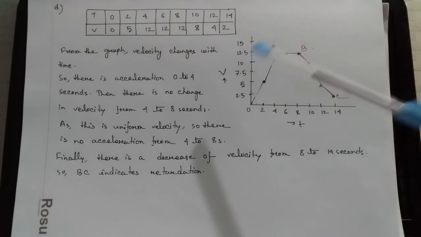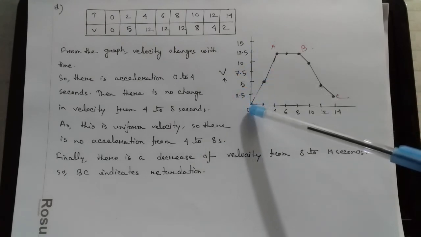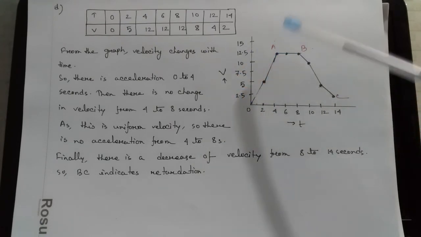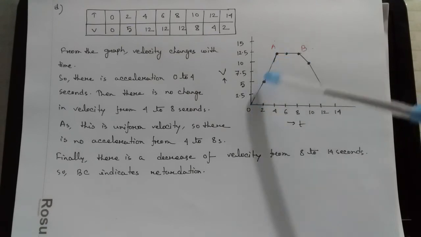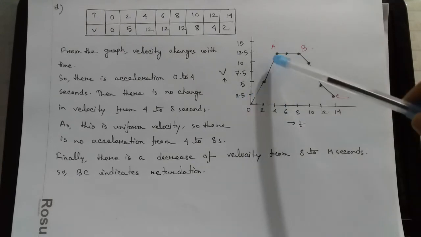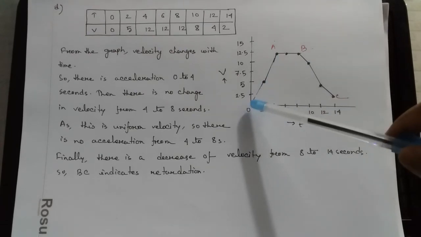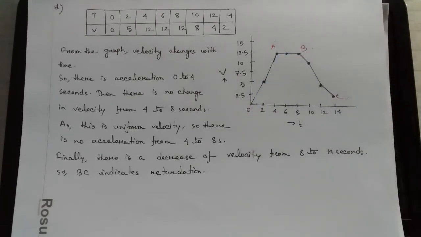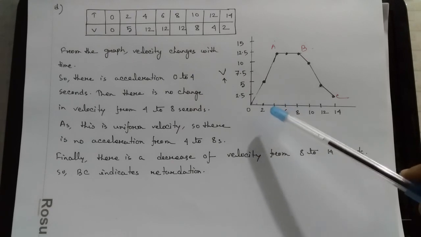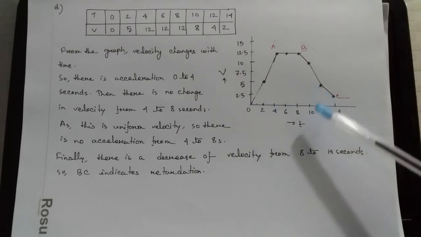If we observe the graph, from O to A, in this region the velocity is increasing with time. That means acceleration is happening here for 0 to 4 seconds. For the next 6 seconds, from 4 to 10 seconds, there is no change in velocity.